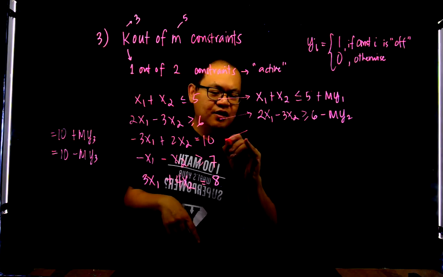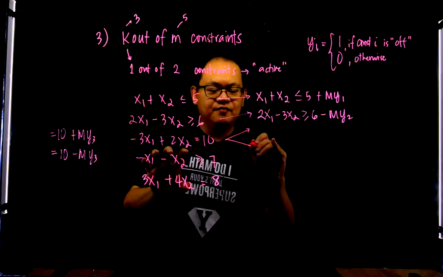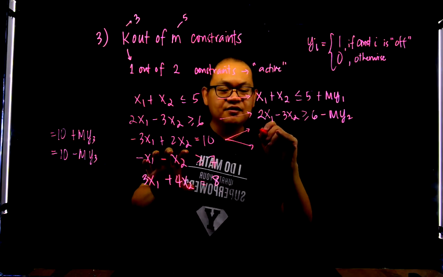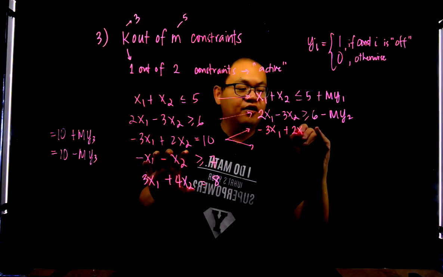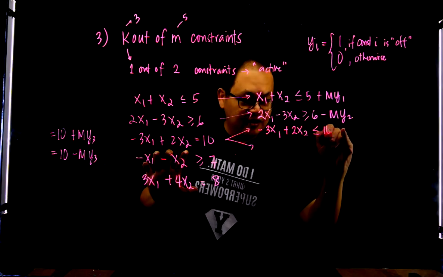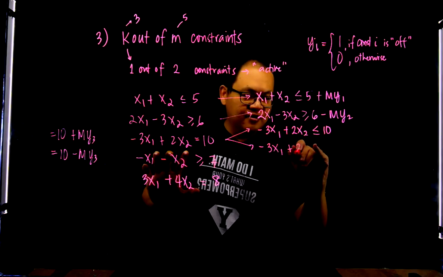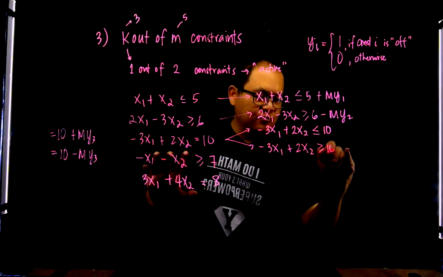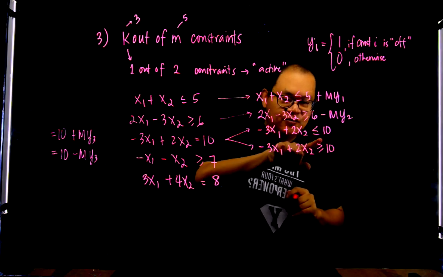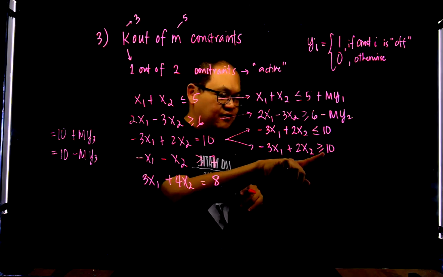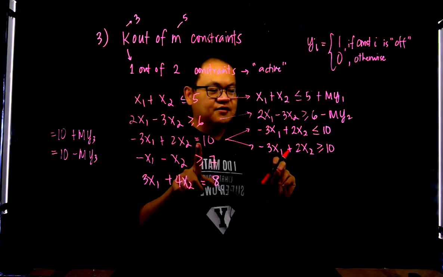What you do is you split the equality constraint into 2. What do I mean? An equality constraint is technically the intersection of your less than or equal to 10 and greater than or equal to 10. Remember? Because if you have this less than or equal to 10 and this greater than or equal to 10, if you get the intersection, you get the equality constraint.